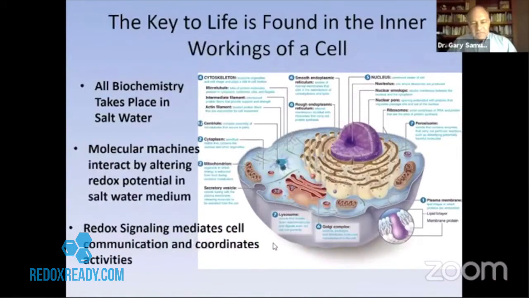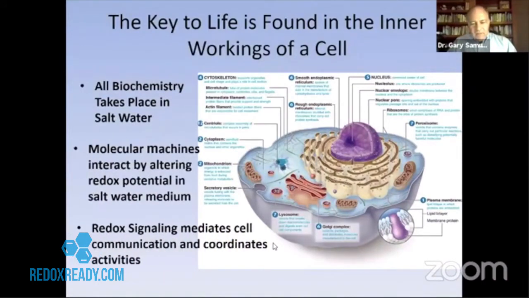The cell helps to communicate and coordinate all of these very diverse activities inside by using oxidation of oxygen or salt water, which also includes some other things like hypochlorites and such.